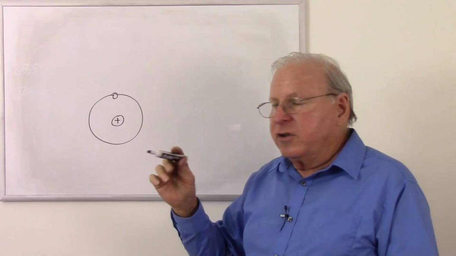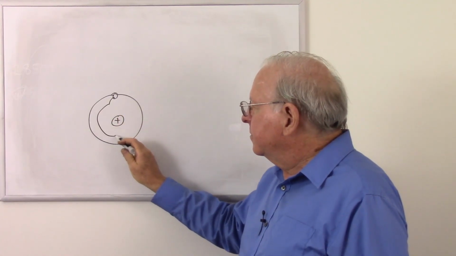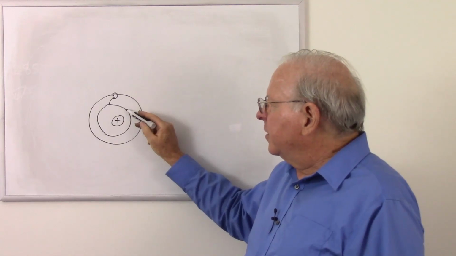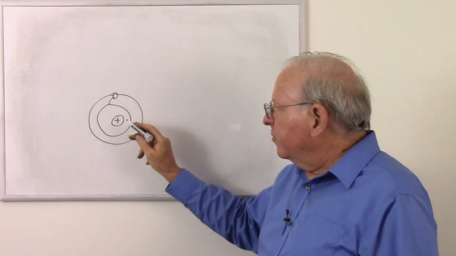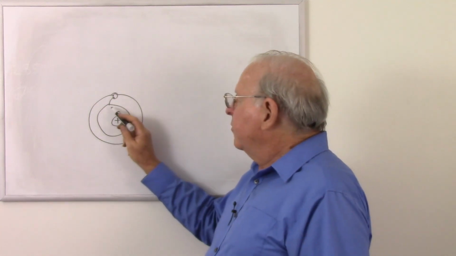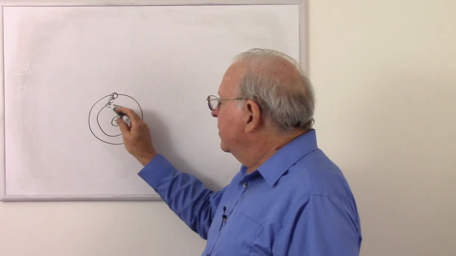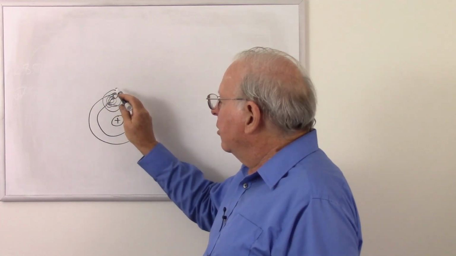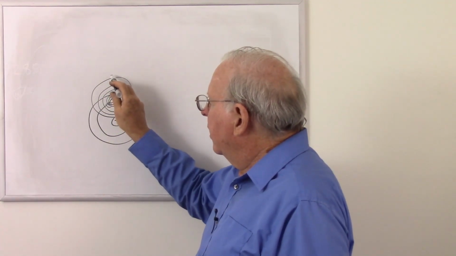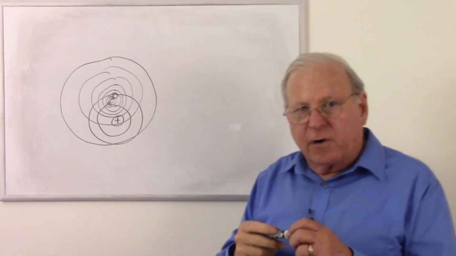Well, as they often do, those electrons will sometimes spontaneously drop to a lower energy level. There's a lowest possible level, and then there's a few higher levels, and each atom has different energy levels that those electrons can be at. So it drops down to a lower energy level, and it's going to give off one little burst of electromagnetic radiation, which goes out as a sphere, as we've already decided.